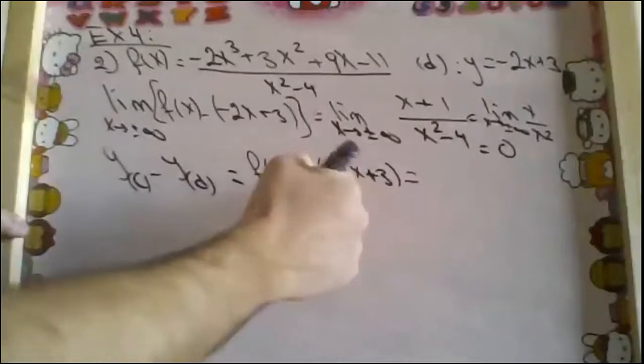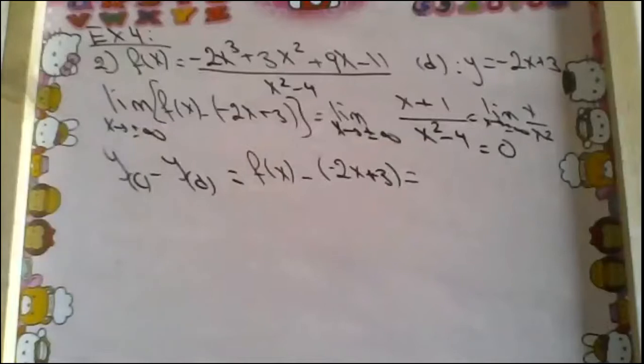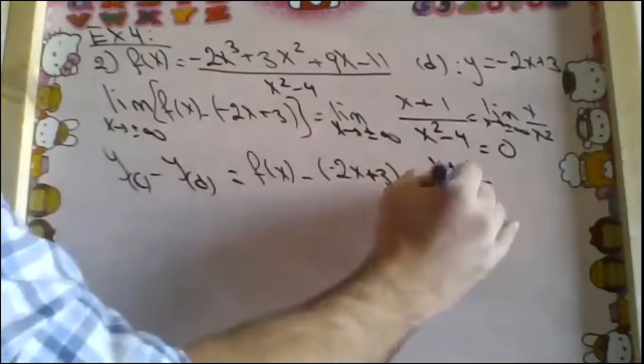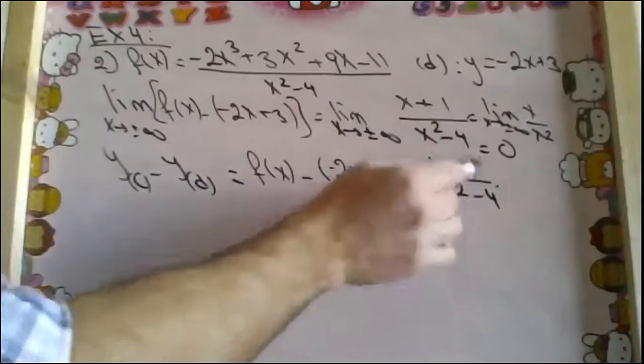You don't have to calculate again. You don't have to simplify. We already did it. It is x plus 1 over x squared minus 4. Now, you have to study the sign of this.